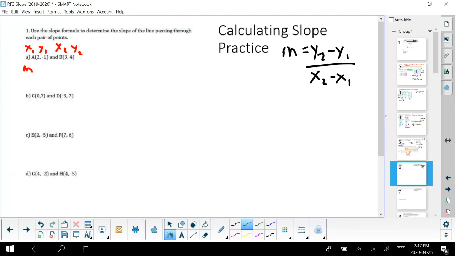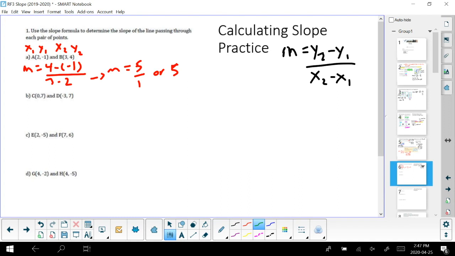So you've got m is equal to 4 minus a negative 1 over your x2 minus x1. That's going to be 3 minus 2. This will give us m is equal to a positive 5 because 4 minus a negative 1 is 4 plus 1. And then 3 minus 2 gives me a 1. So I have a slope of 5 over 1, or 5.